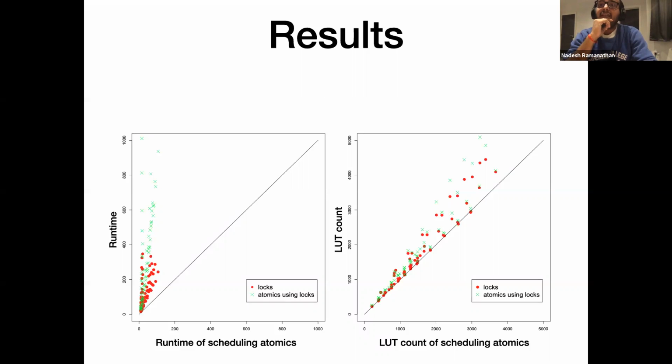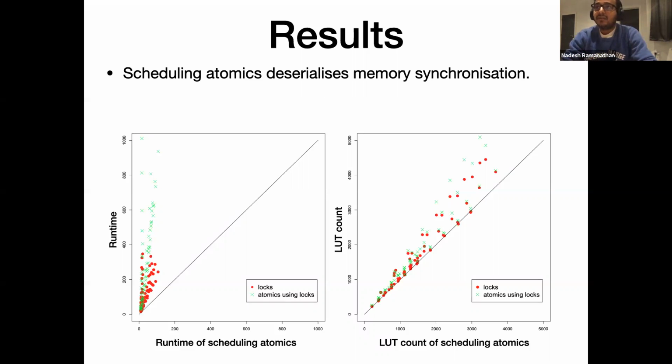And so we see that scheduling atomics basically deserializes memory synchronization. In most of these benchmarks, LegUp injects 1 lock and ensures that all the memory accesses obtain that lock, and that kind of serializes all the accesses. And the moment we use scheduling, we break this serialization and it runs much faster.